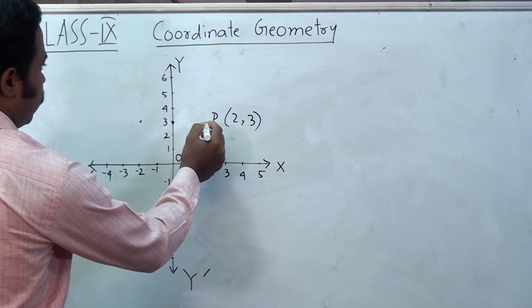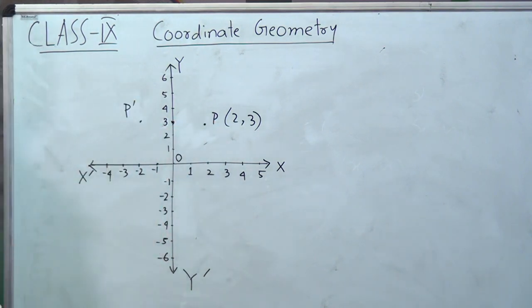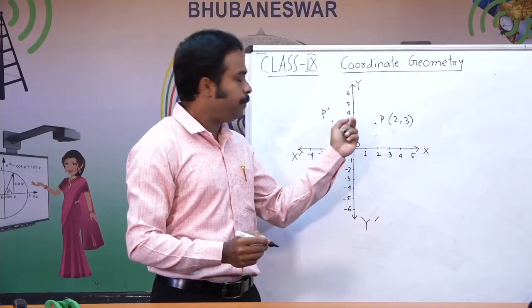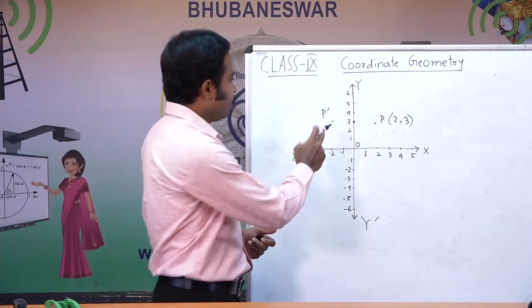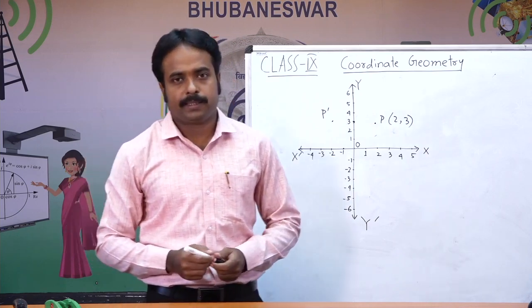So, this is the point P and this is the image P dash. Therefore, the distance of the point P from the y-axis is equal to the distance of the point P dash from the y-axis.